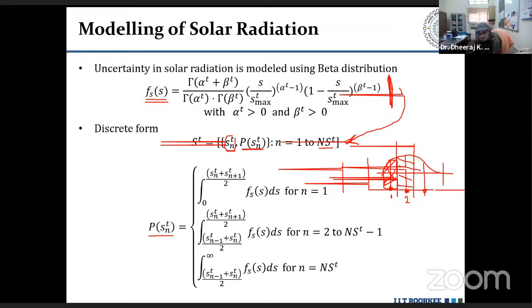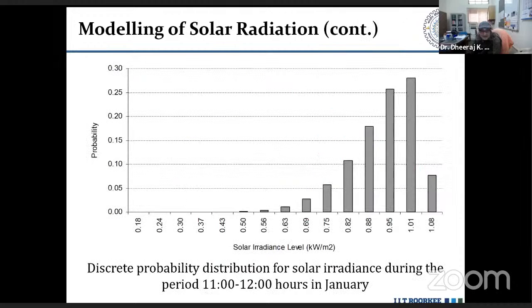For the last one, we take the midpoint and consider up to the final point, that is infinite here. So that area is assigned to this final point. This I did to ensure that the sum of all probability values is equal to 1. This is how I got the discretized solar radiation model.